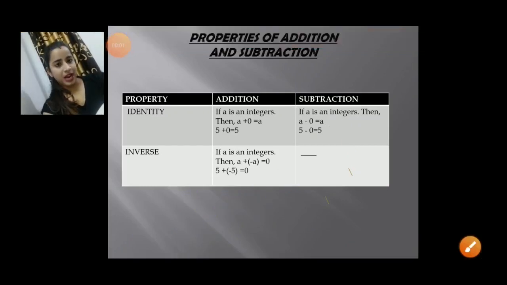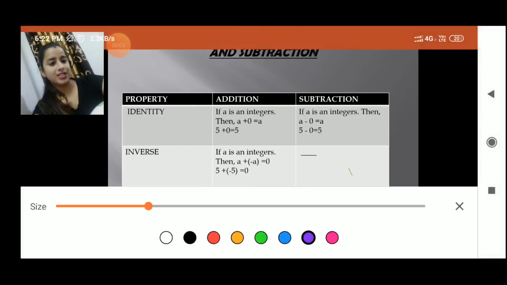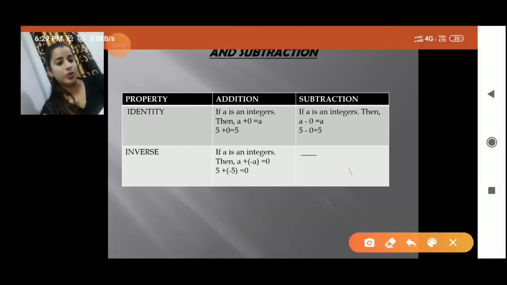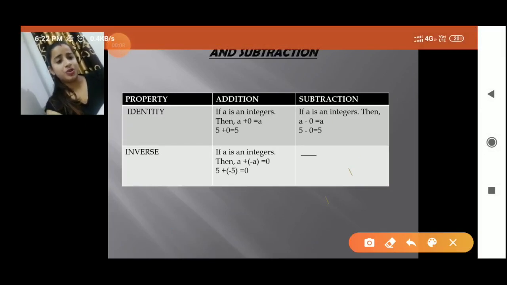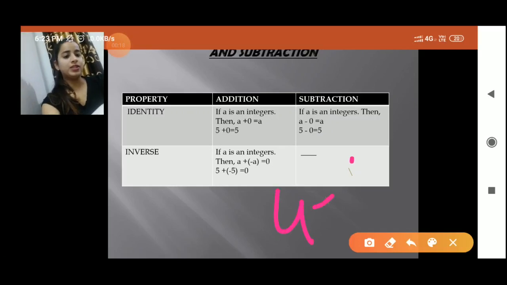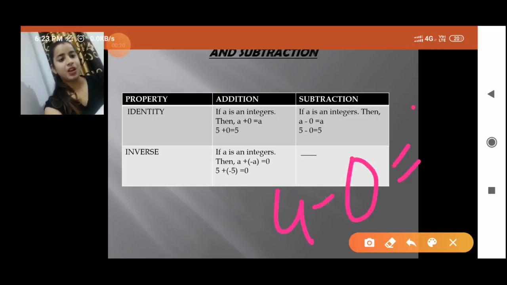Similarly, for subtraction, if we subtract 0 from a, a minus 0, we will get a. That is, if we subtract 0 from any number we will get the same value. For example, if you subtract 4 minus 0, what will you get? 4.